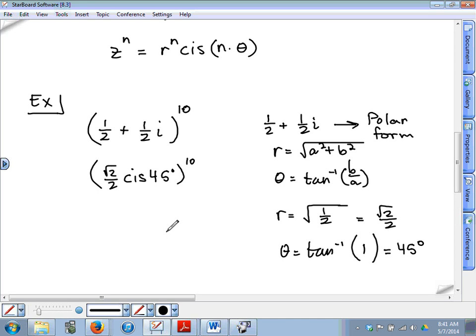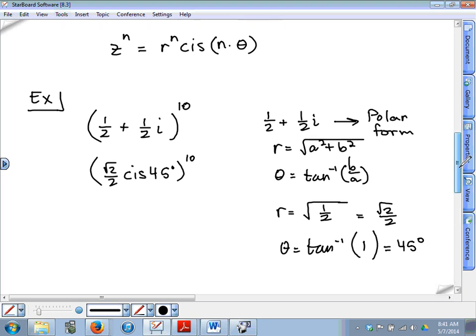Much easier to do in polar form. So if we follow De Moivre's theorem, that's going to be the modulus raised to the 10th power, and then cis 45 times 10. So how do we raise square root of 2 over 2 to the 10th power?